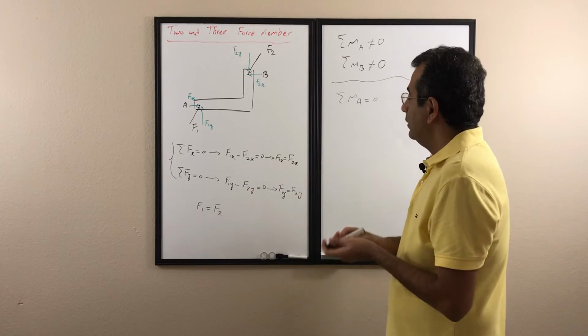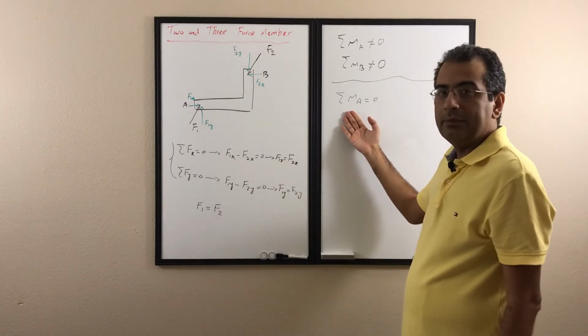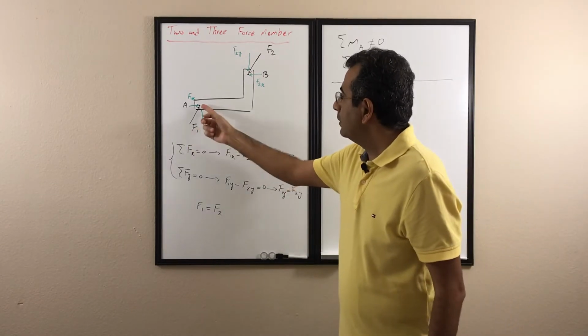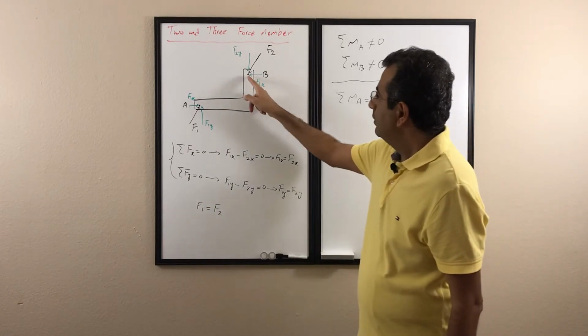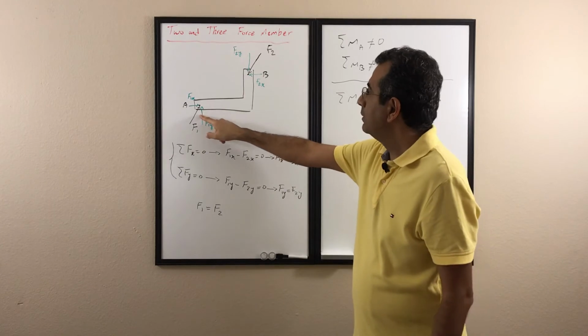If I want to make sure sigma M about A is 0, F1 already passes through A, so it doesn't have any moment.